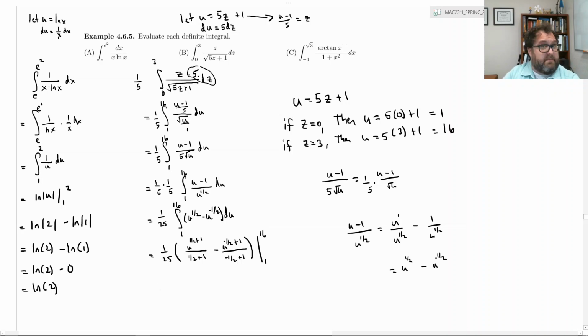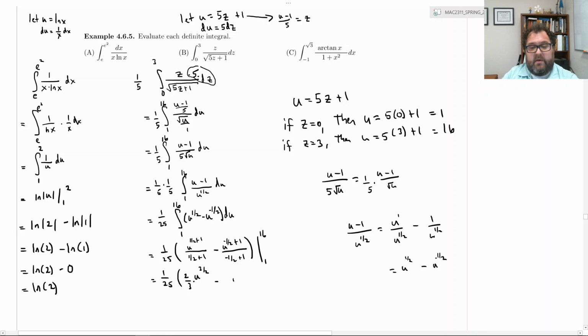Now let's just clean this up a little bit, okay? Because it is a little messy right now. So we have u to the 1/2 plus 1. That's u to the 3/2 power. Okay, and we're also dividing by 3/2. But dividing by 3/2 is the exact same thing as multiplying by 2/3.